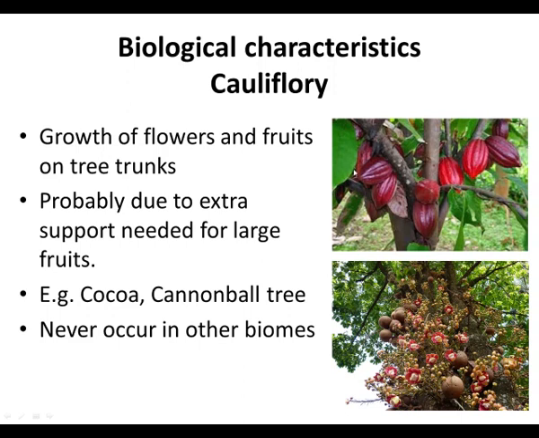We use cocoa pods to make chocolate. And this is the cannonball tree, and can you see these huge fruits? These are big and heavy. So scientists think that cauliflory is an adaptation to support these large fruits, and you cannot see this phenomenon outside of the tropical rainforests.